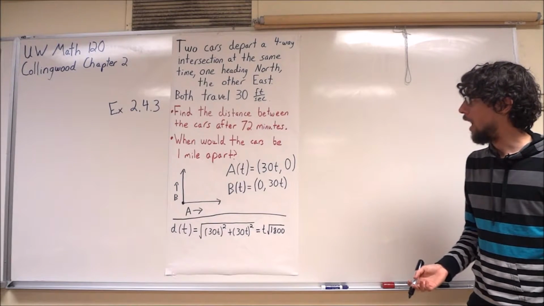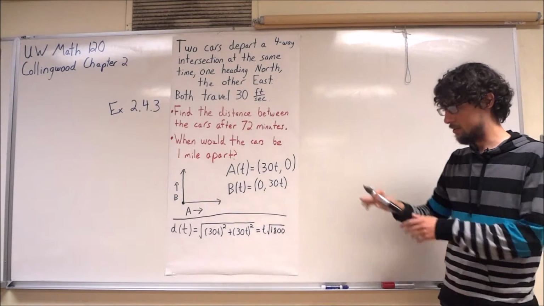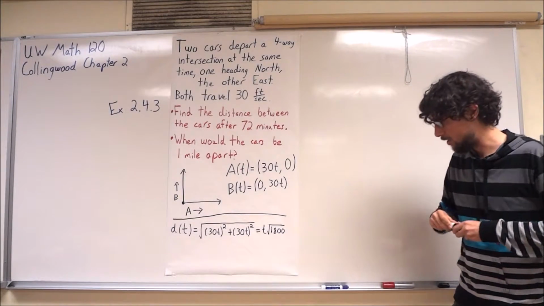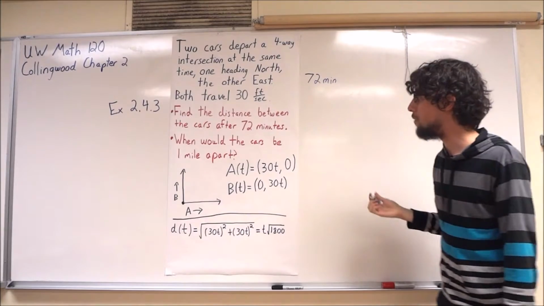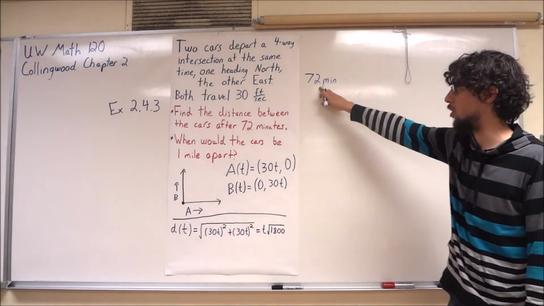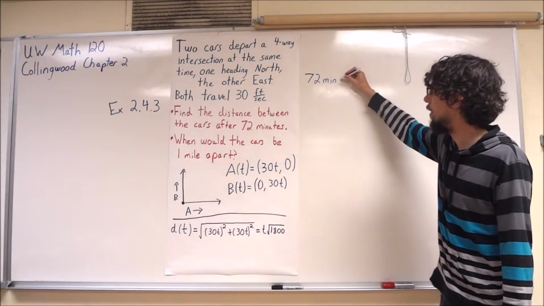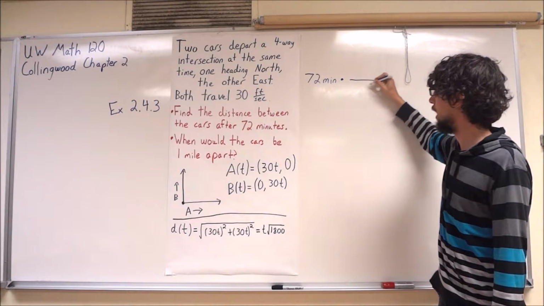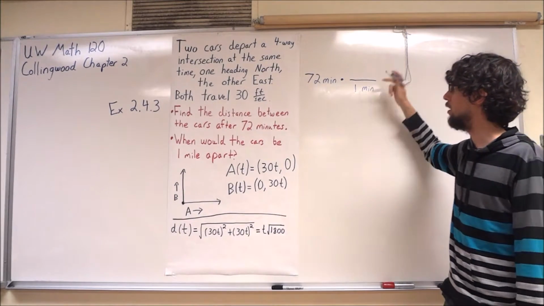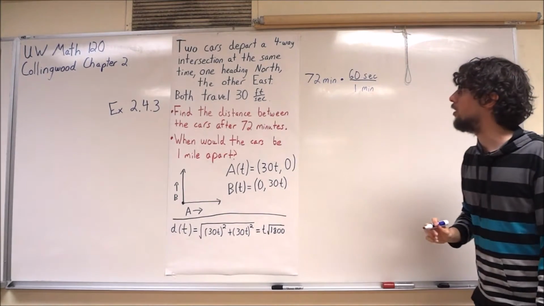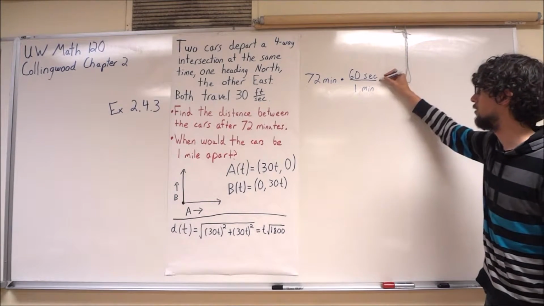So 72 minutes. Let me convert 72 minutes to seconds briefly. My method for converting units is to start with what I'm starting with and then multiply by some conversion factor. I'm going to cancel minutes, so I put minutes in the denominator here, and there are 60 seconds in a minute.